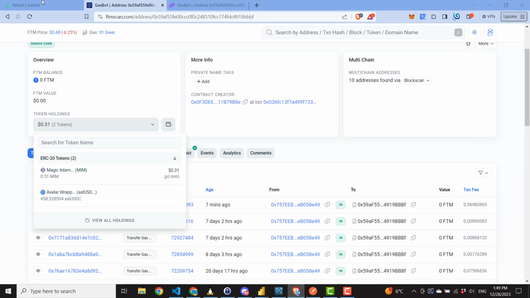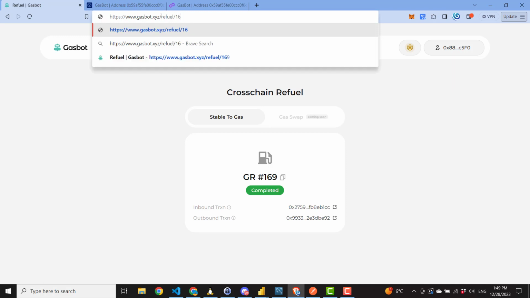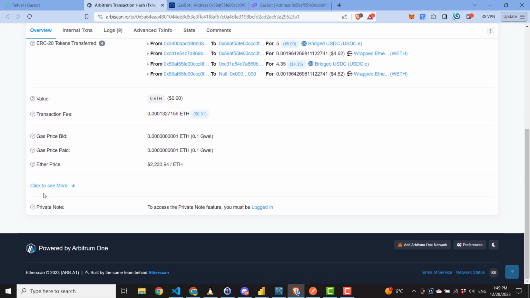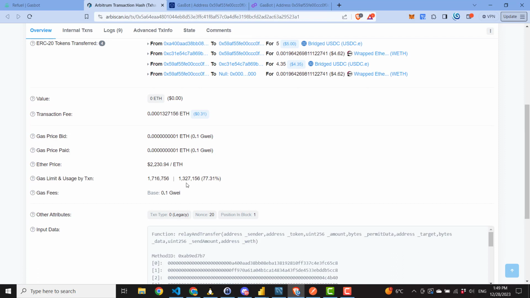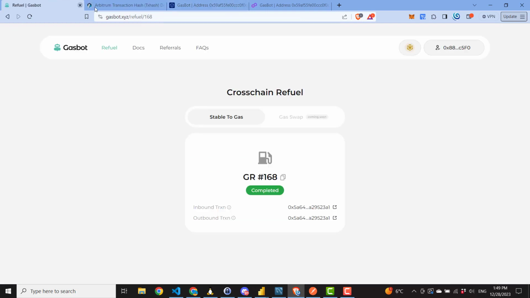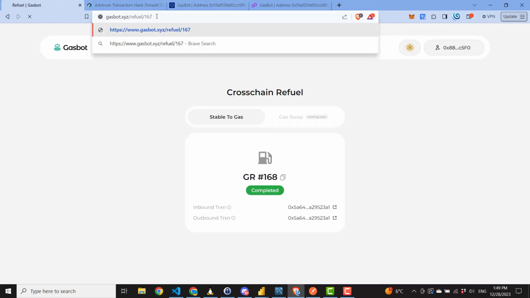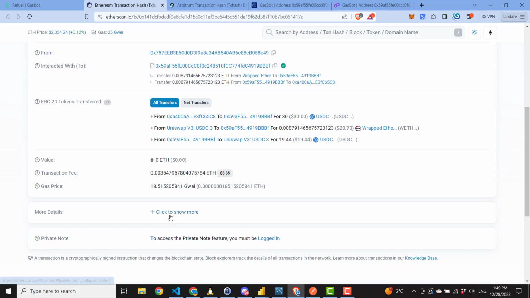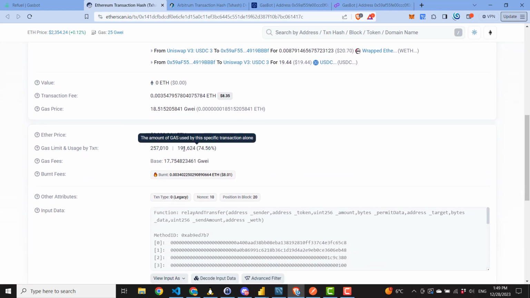And I'm not an expert here, but for an example, I just saw swap 168 just before this one is on Arbitrum. And on Arbitrum, gas is inflated by an order of magnitude. This is 1.3 million gas, whereas on Ethereum the same function call is 191,000.